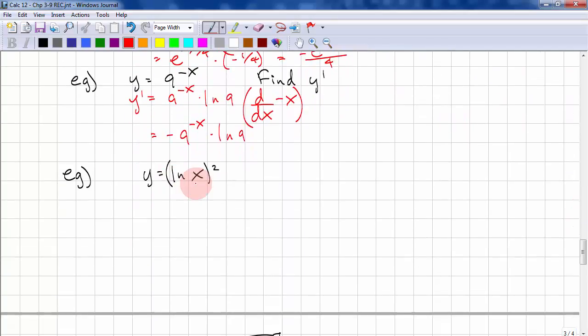Okay, so we're not taking the derivative of ln first because we look at the outermost function. It's a squared function, so that's a power rule. So y prime equals 2. We take that function, reduce the power by 1, and now we take the derivative of that function.